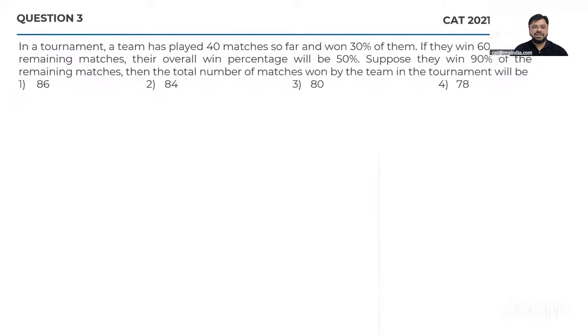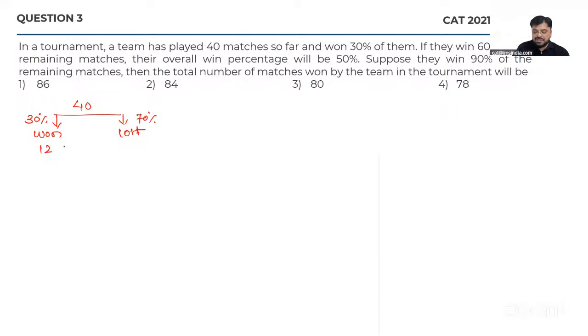In this question, it says, in a tournament, a team has played 40 matches so far and won 30% of them. So how many matches have they played? 40. And they won 30% of them. So they won and they lost. 30% they won, which means they lost 70% of the matches.